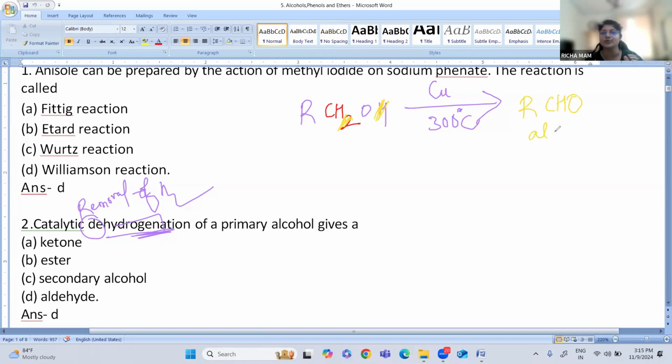RCHO, an aldehyde. I am removing a hydrogen molecule. So what is the answer? Option D. Catalytic dehydrogenation of a primary alcohol gives you an aldehyde. Is it clear?